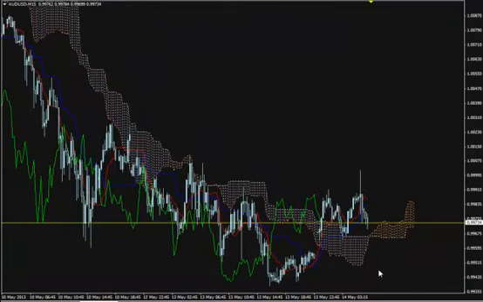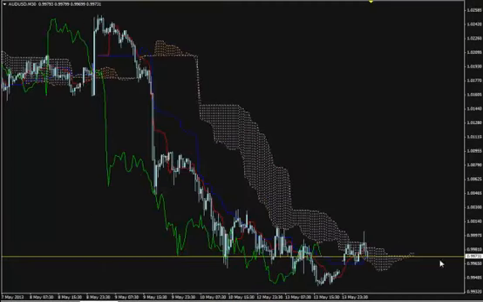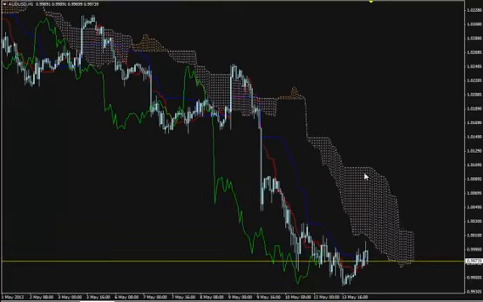On the other hand, if we see that the M15 chart gives us a strong bullish move, and we confirm this by a strong bullish Kumo breakout on the M30 chart, and if we confirm this by a strong bullish move on the H1 chart, we will look at the leading Kumo.